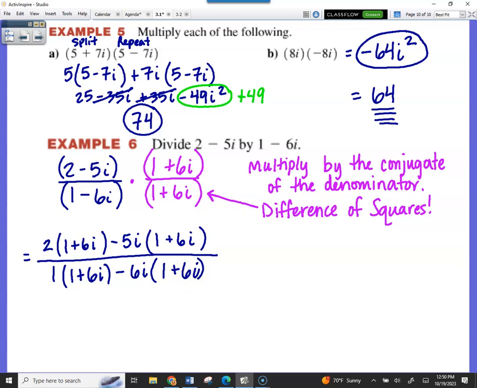And then start multiplying, combining, and changing any i squares.